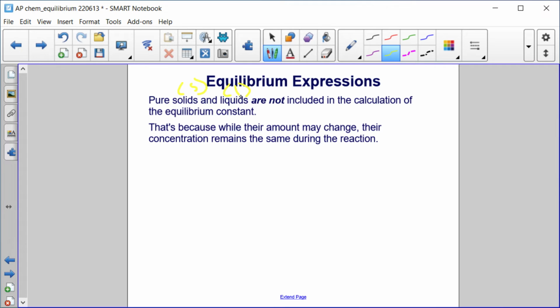So we're talking about changes in concentration for aqueous solutions, or gases. We're going to talk a lot more about gases in the next section, but when we're talking about concentration changes here, we're talking about solutions and gases.